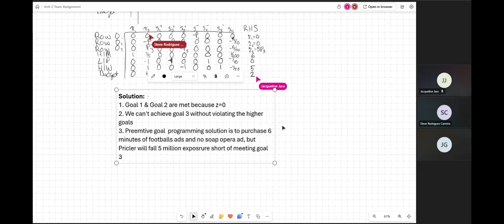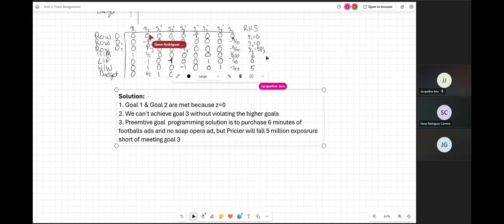And this can be seen from having z3 of the goal of row 0 for goal 3, z3 equals 5P3. We would want that to be 0 if the goal was met, but since there is a 5 left over, we'll be falling 5 million short.